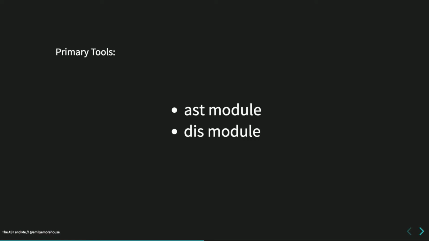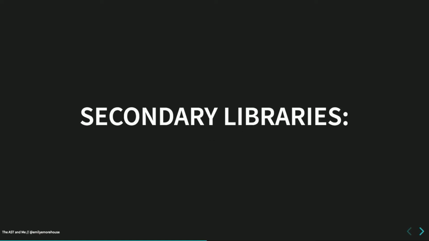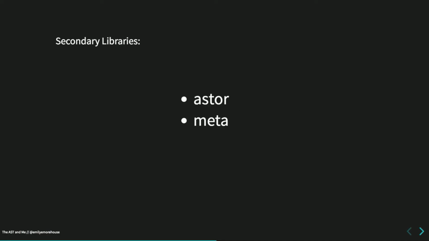There is the dis module, which you can use to disassemble bytecode into a few different things, which we'll see in a minute. And then there are a few secondary libraries that I like to use, one of which is called Aster, another called Meta, and another one called CodeGen. Not all of these fully work with Python 3, but for the most part, they do.